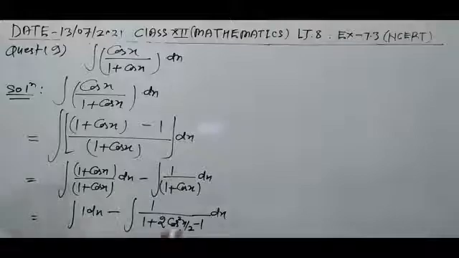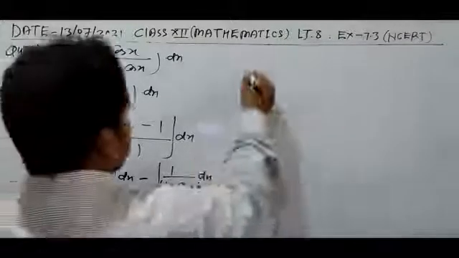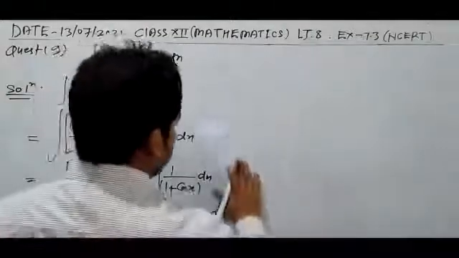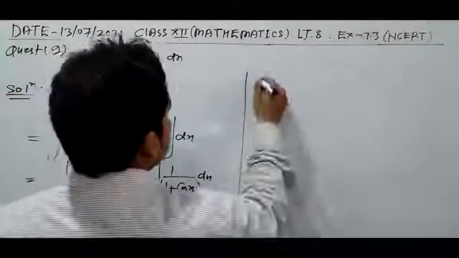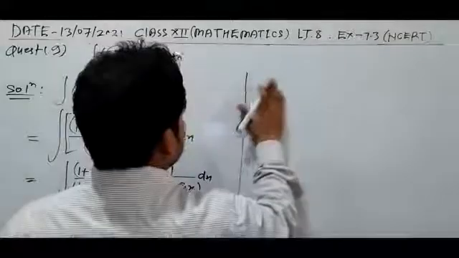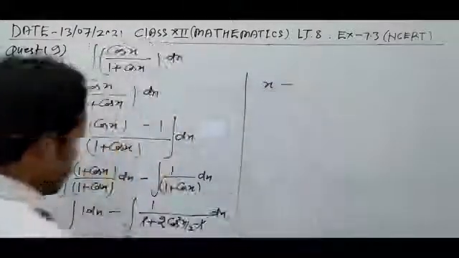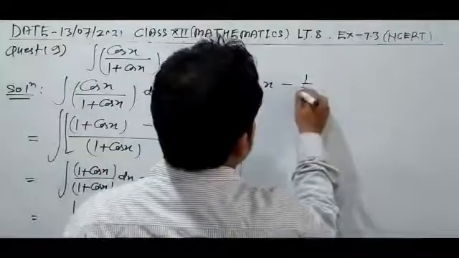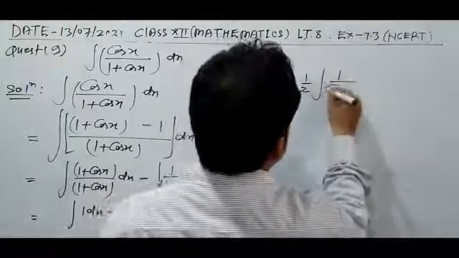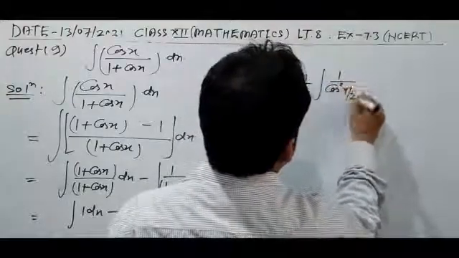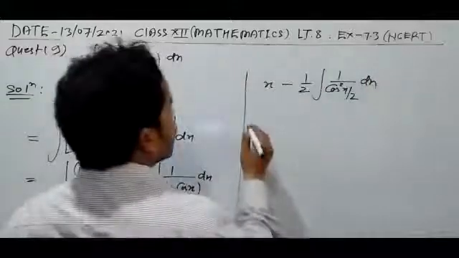Now plus 1 minus 1 will cancel out, and integration of 1 dx result will be x, not 1, minus this result is 1 by 2 integration of 1 upon cos square x by 2 dx.